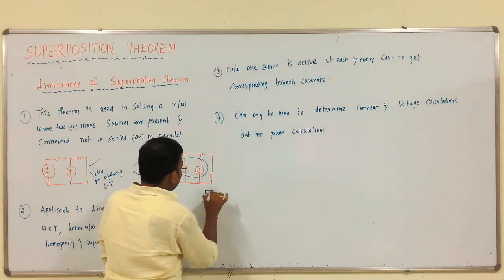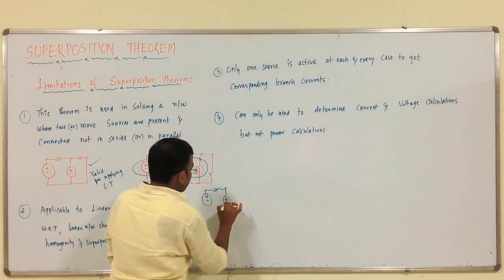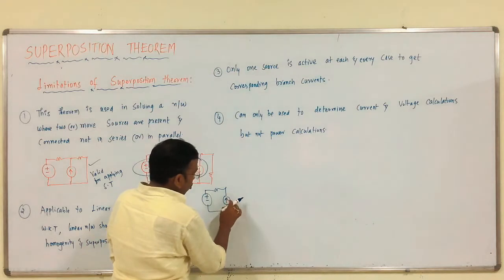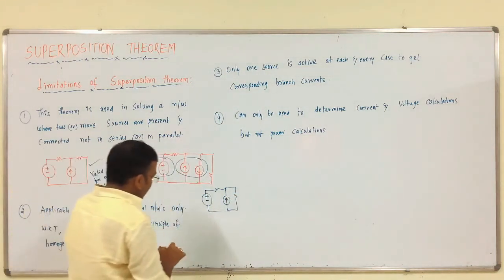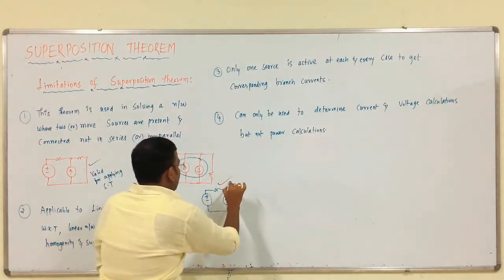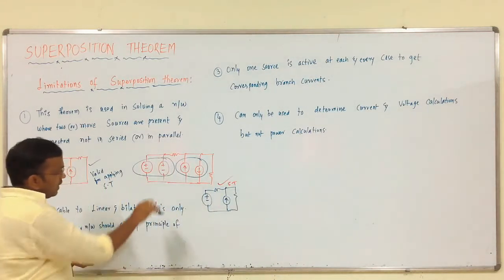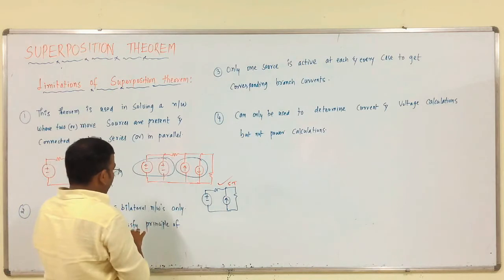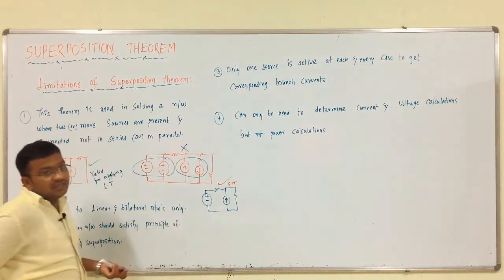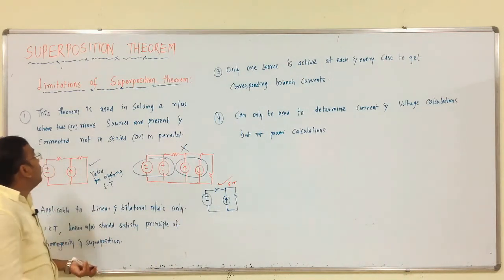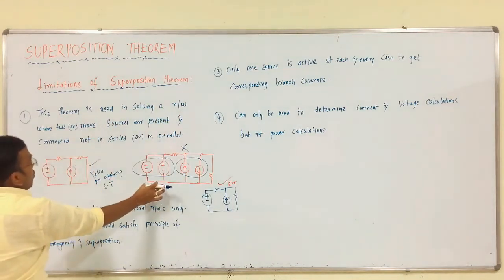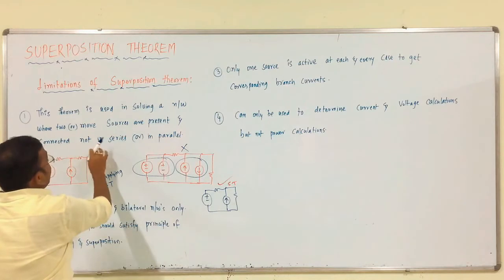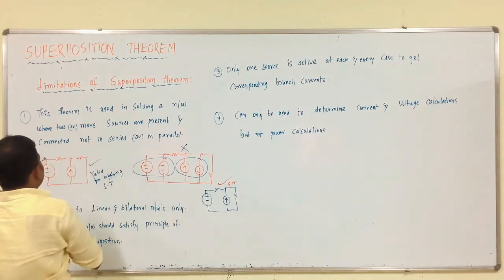Plus minus, we have a voltage source and we have a current source, or depending upon the more dominant source, we have to get the circuit like this. Then only we are able to apply the superposition theorem. At this condition we are not able to apply superposition theorem. That is the meaning of this statement.